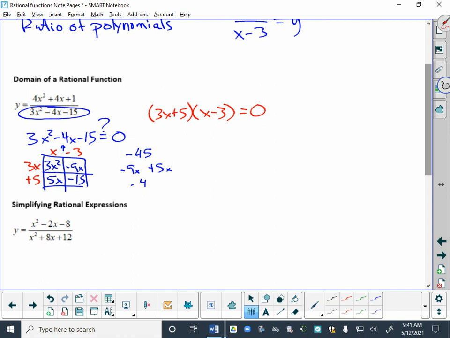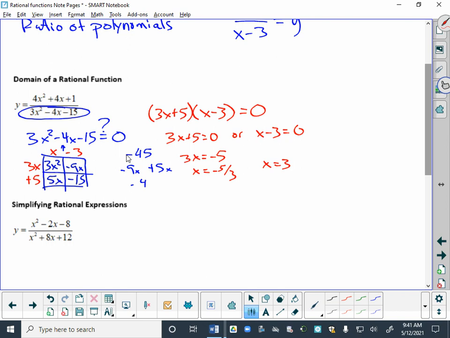We want to know what numbers make that 0. Well, that'll be 0 if 3x plus 5 is 0, or if x minus 3 is 0. This would happen when 3x is negative 5 and x is negative 5/3, or when x is 3. Those numbers we have to take out of the domain.